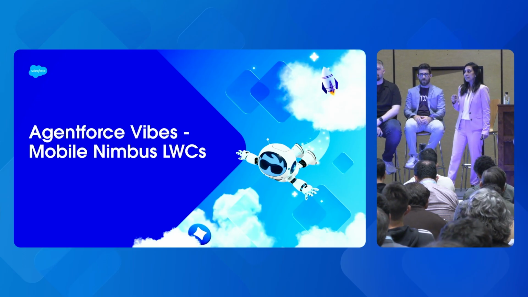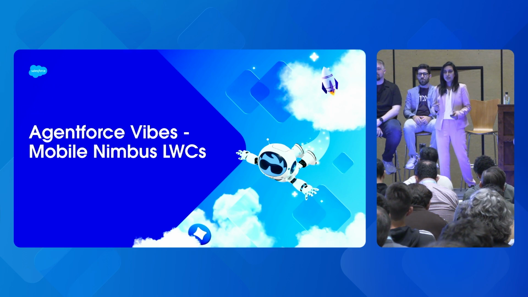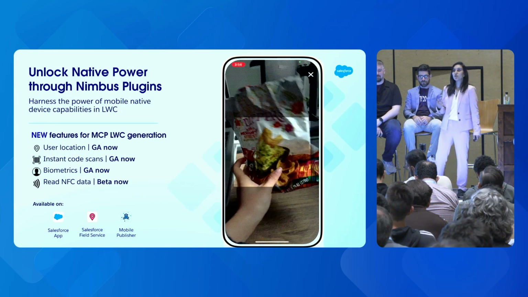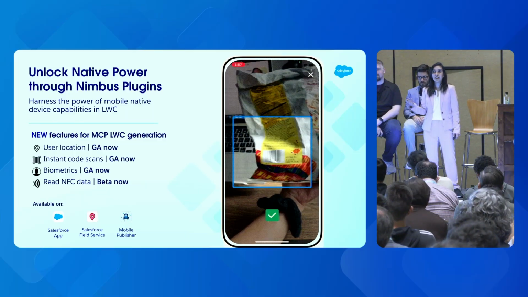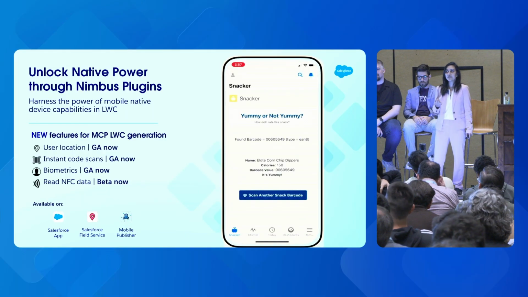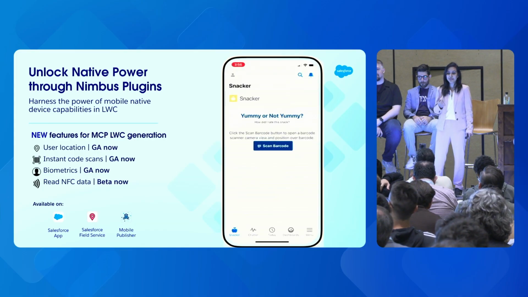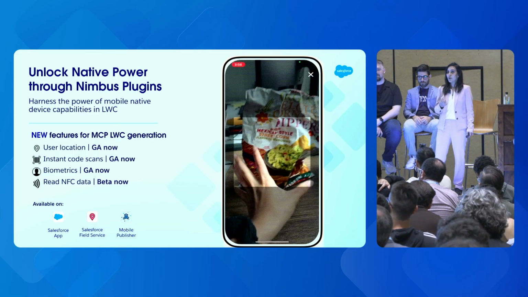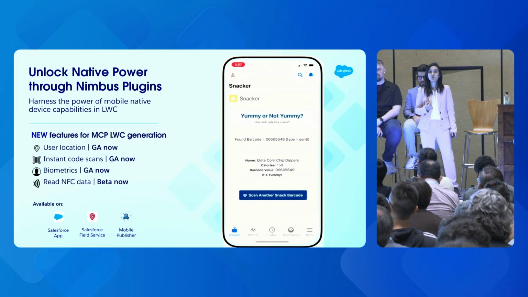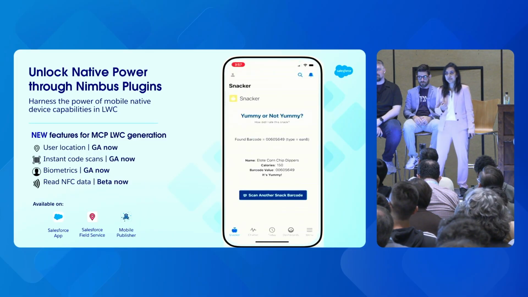But even with Nimbus, let's be honest, it's not that easy to handle all the complex code, hardware callbacks, syntax, everything. It takes a bit to understand the nitty-gritties. So what if I tell you that you no longer need to be a Nimbus expert in order to build amazing mobile experiences?